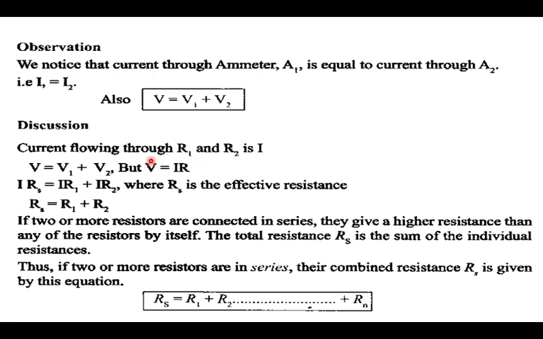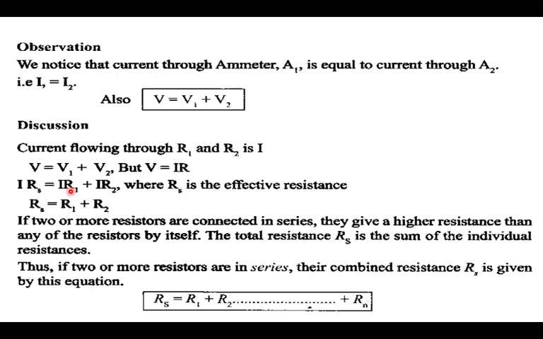Using Ohm's law again, substituting V is equal to IR, where there is V here, we can put IRS. Remember that RS is the total resistance. So IRS is equal to the current through resistor 1 times resistance 1, plus current through resistor 2 times resistance 2.